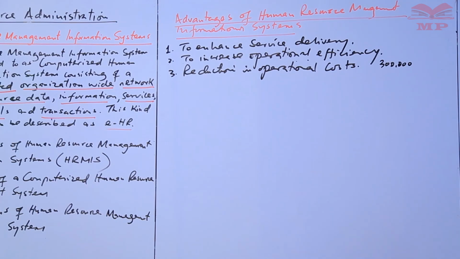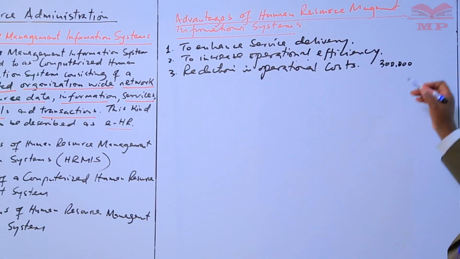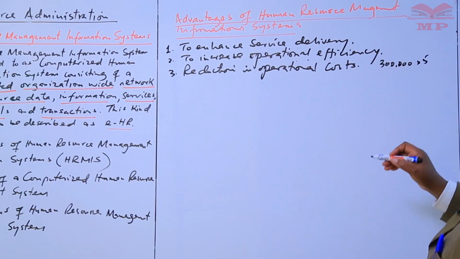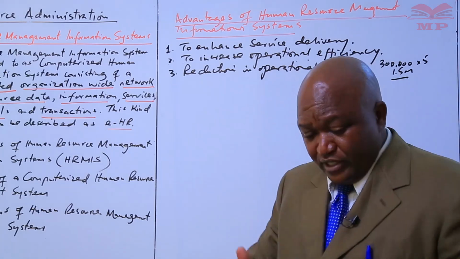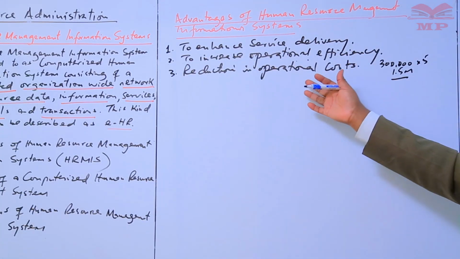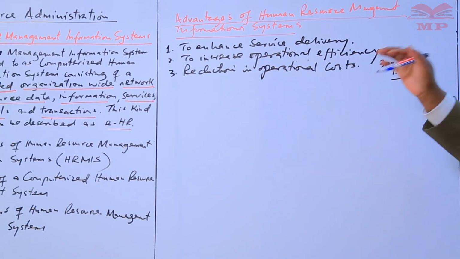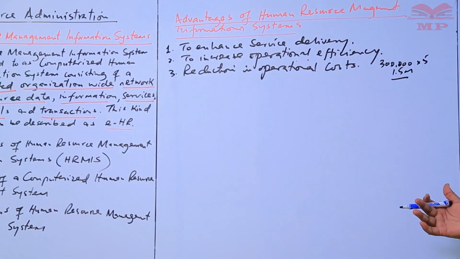You can imagine if you were just to use stationery worth 5 shillings, then multiplied by 300,000, that comes to 1.5 million. And this is a form which a teacher is supposed to fill, maybe to apply for leave. But if you have an electronic process, the teacher just puts in the leave application form, and it is processed at almost no operational cost because you already have the intranet or the internet, as the case might be.